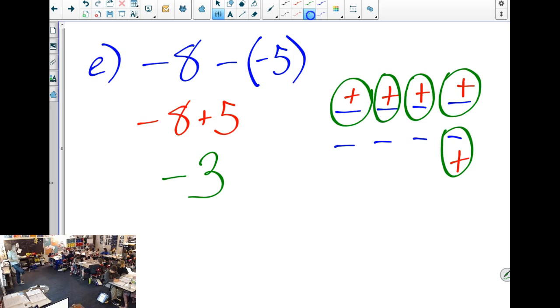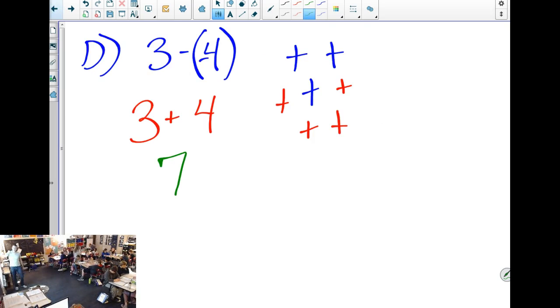Joey. I have enough negatives here. So the issue previously in D was we started with positive, and there were no negatives to take away. So D, back here we started with the 3 positives. There were no negatives to take away.